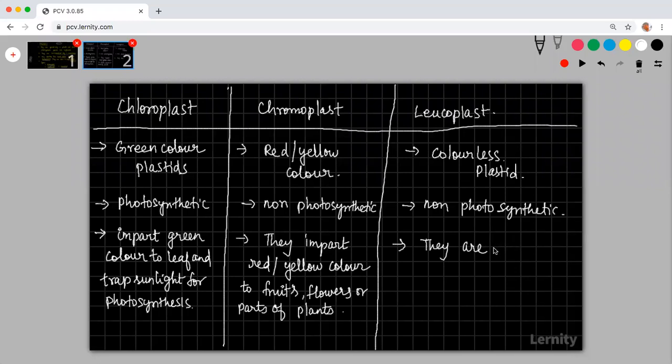Leucoplasts are storage structures in roots, seeds, and young leaves.